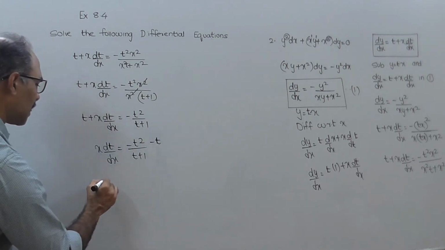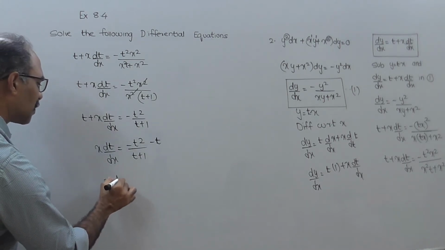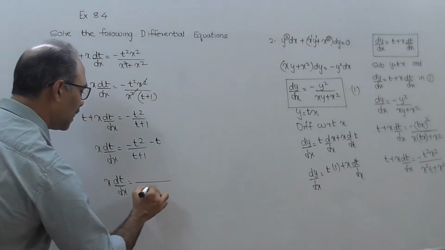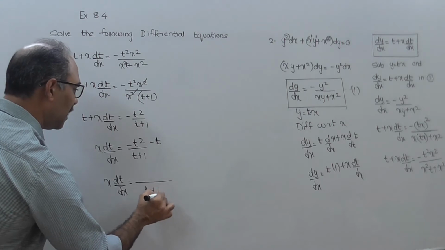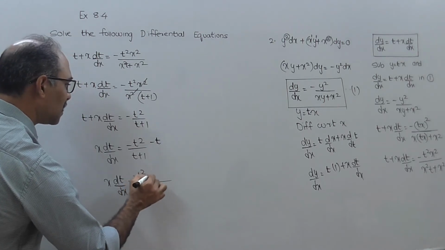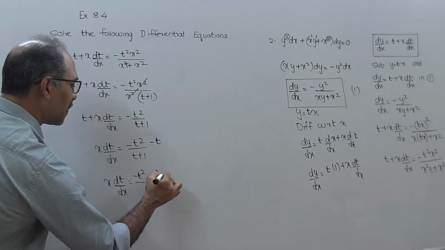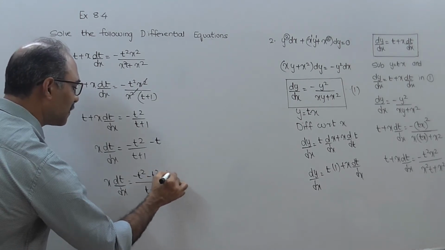Now I have taken all t terms together. I will try to take LCM wherever it is possible. I take the LCM as t plus 1. This becomes minus t square, this will become minus t square and further this will become minus t.